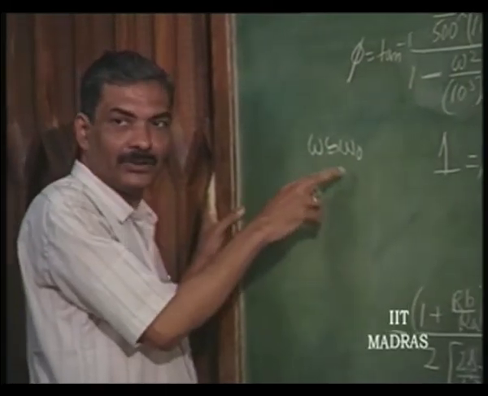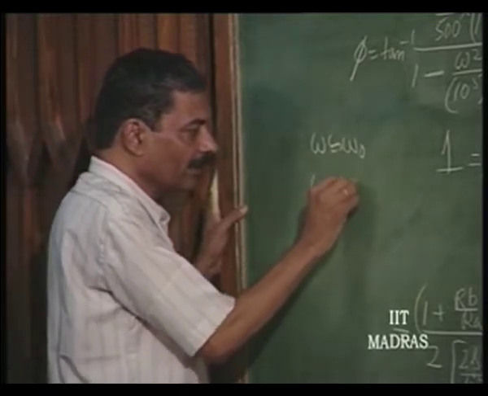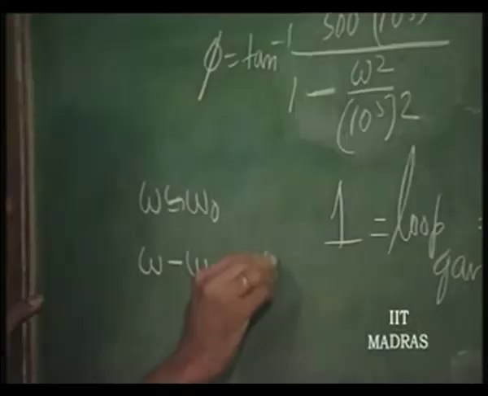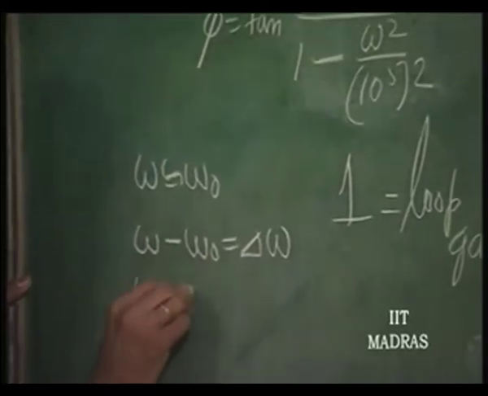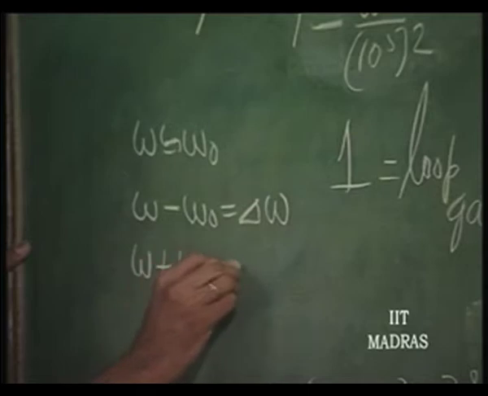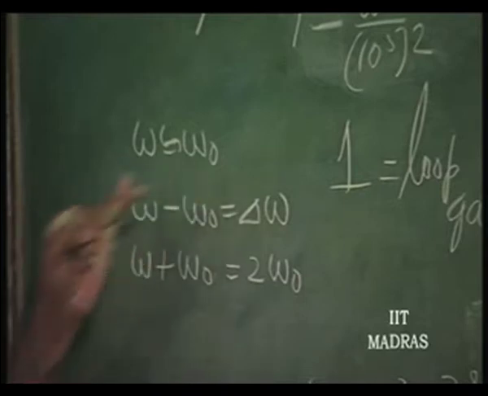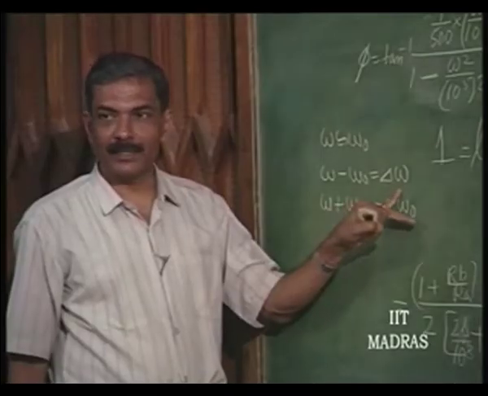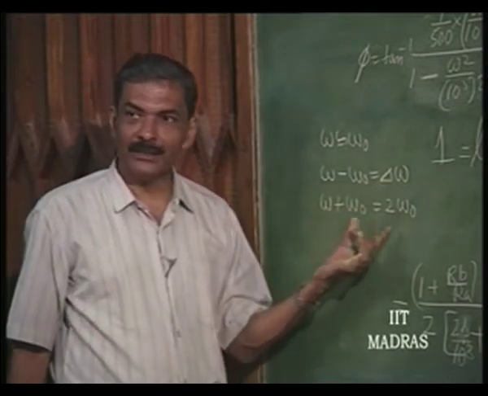At omega very close to omega naught, okay, omega minus omega naught, I will take it as change from omega naught, and omega plus omega naught, okay, is going to be twice omega naught. This is the approximation. At omega very close to omega naught, omega minus omega naught is delta omega, okay, that change. Omega plus omega naught is twice omega naught.